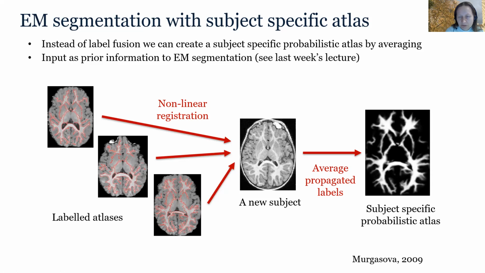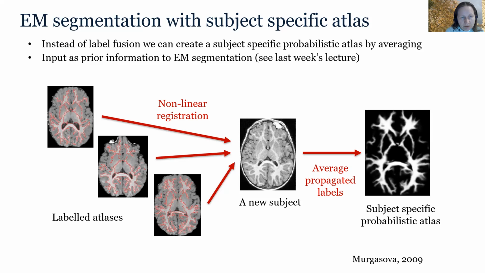And this can be used as a probabilistic atlas, as prior information for EM segmentation. The advantage of this probabilistic atlas is that it's subject specific, so it's specifically adapted to this subject. Therefore the prior information will be of better quality, and we expect that the EM segmentation will be more accurate.